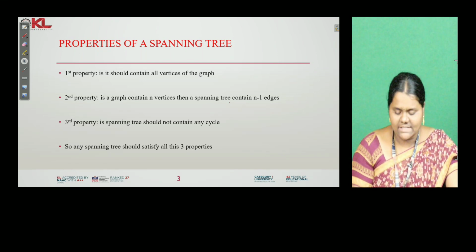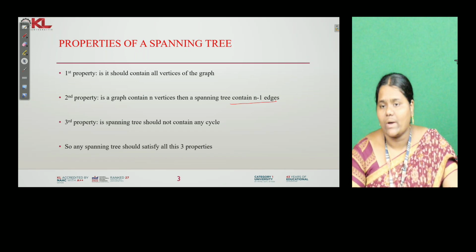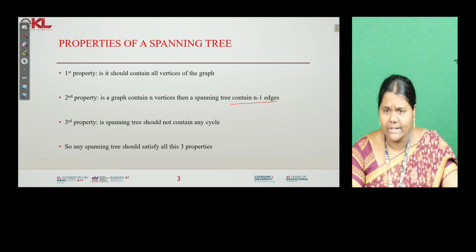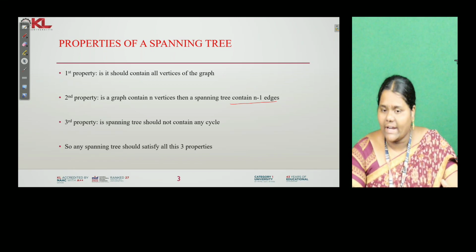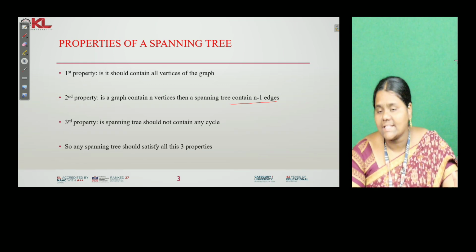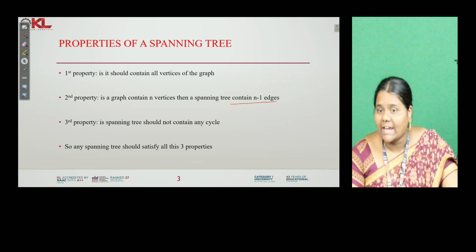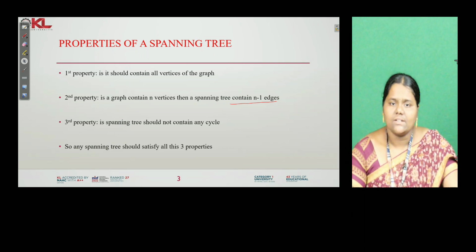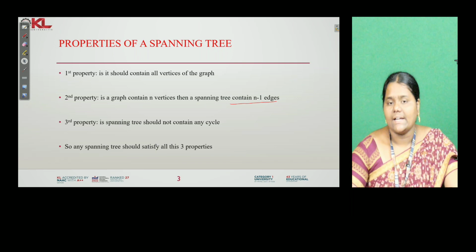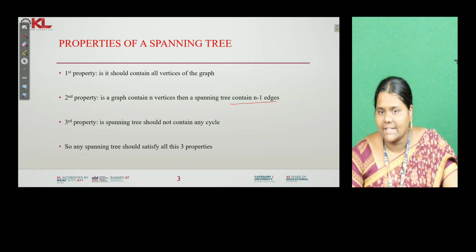Suppose the graph contains 4 vertices, then the spanning tree contains n minus 1 edges, which means 4 minus 1, that is 3 edges.